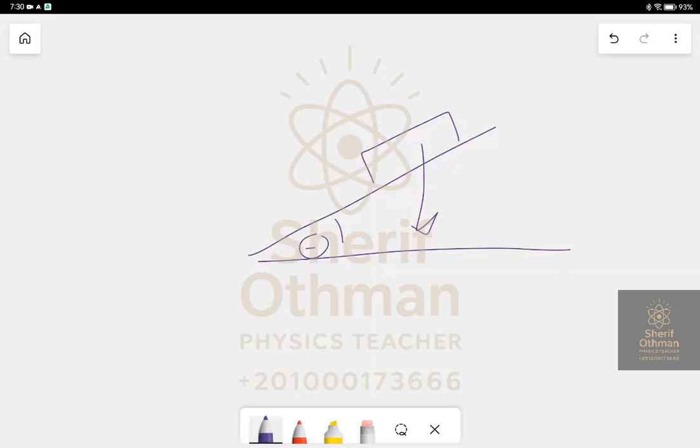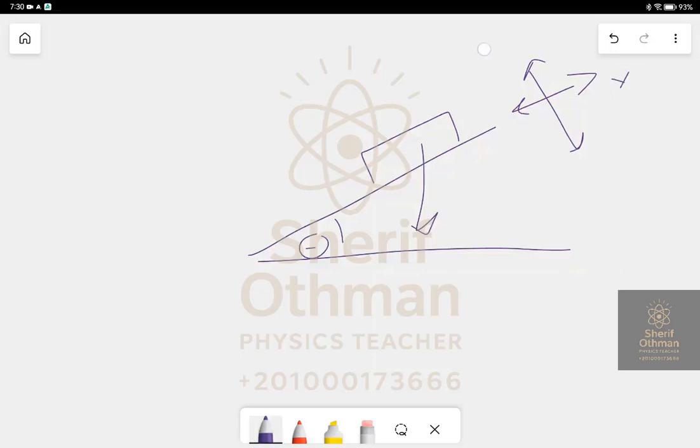Let's note that the axes, the two dimensions x and y, are defined according to the inclined plane. Here is x, which is parallel to the inclined plane, and y, which is perpendicular to the inclined plane.